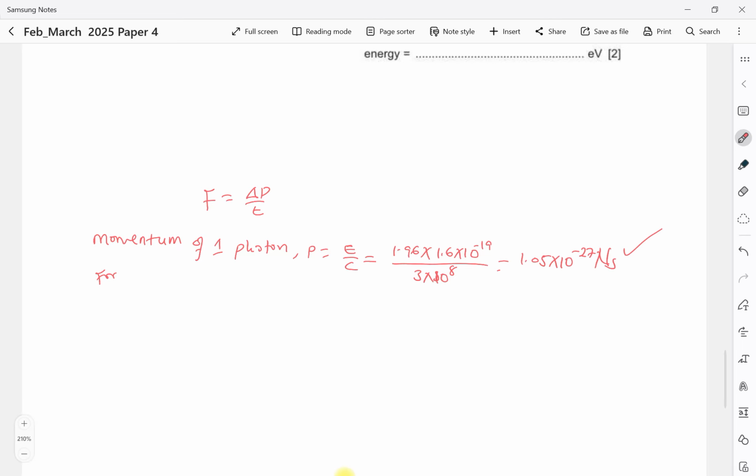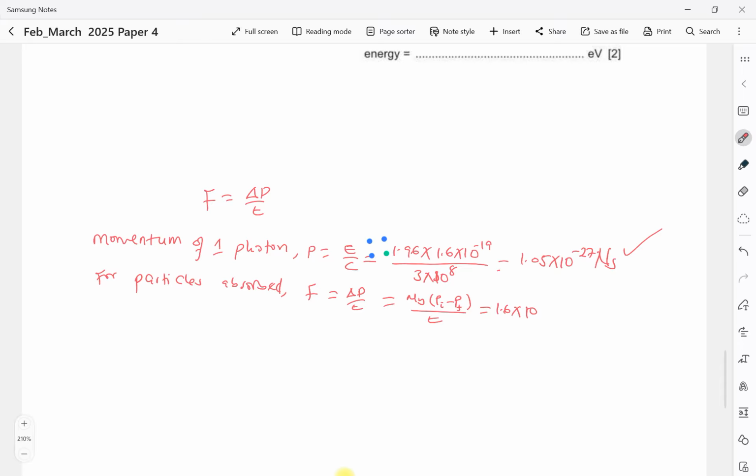So for particles absorbed, the force is going to be the number of those particles, N absorbed, times the change in momentum, which is P initial minus P final, divided by T. The number of particles absorbed per second is half, because the total number of particles per unit time was 3.2 times 10 to the power of 16.